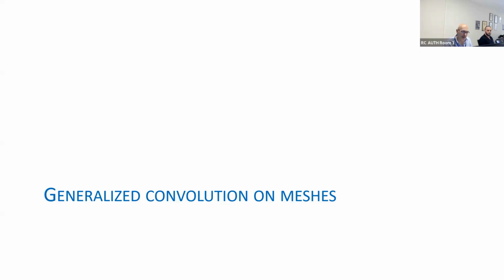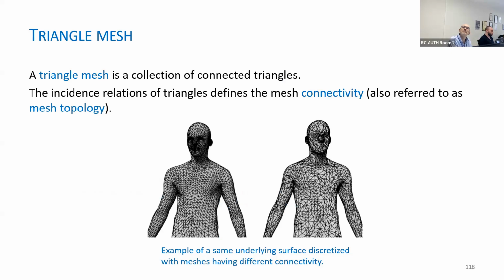So first of all, let me very briefly introduce, or we already introduced, but say something more about the mesh. So basically, a triangle mesh is a collection of connected triangles. So you see, you can model a generic shape just by connecting together triangles.